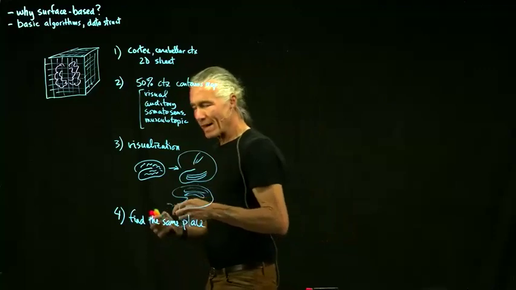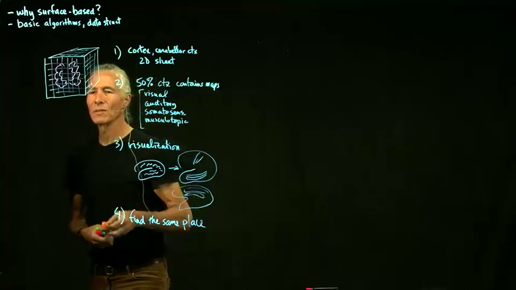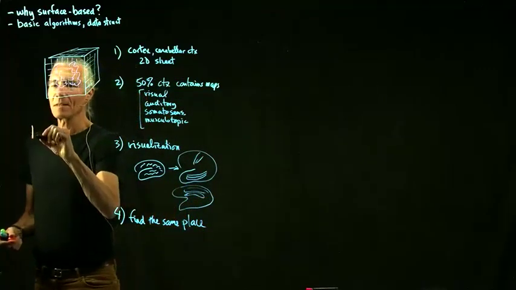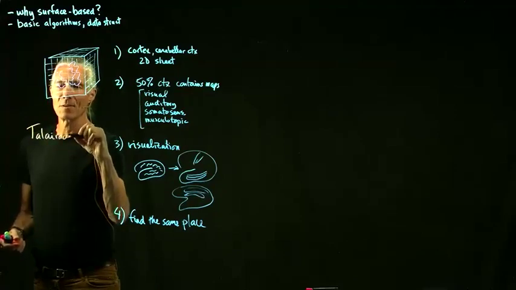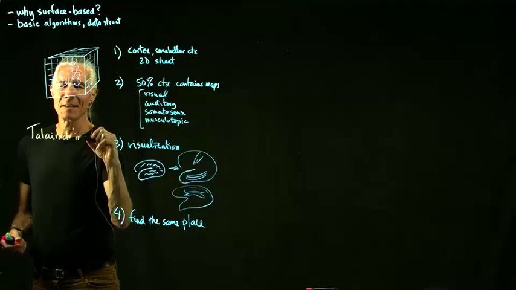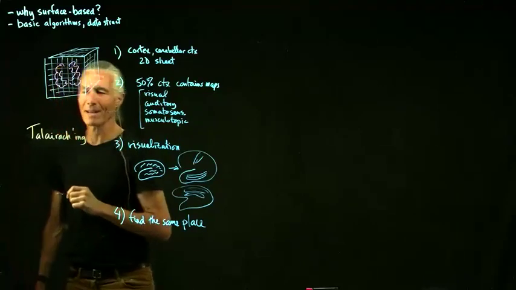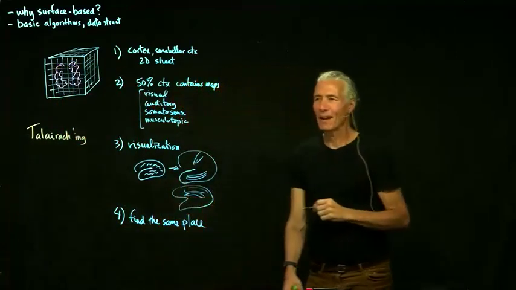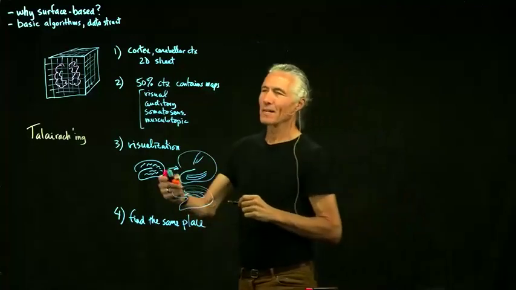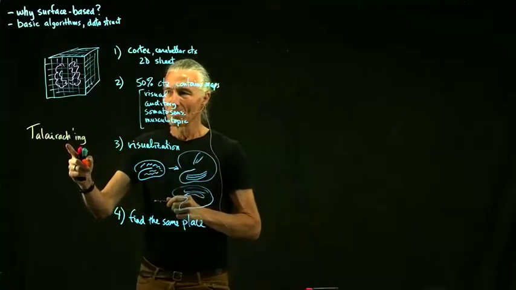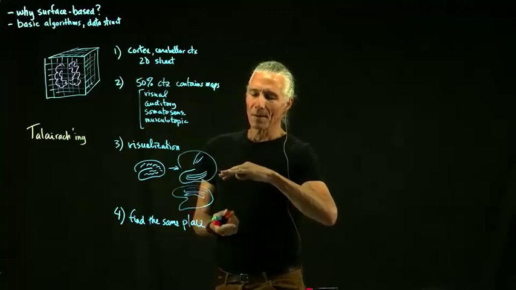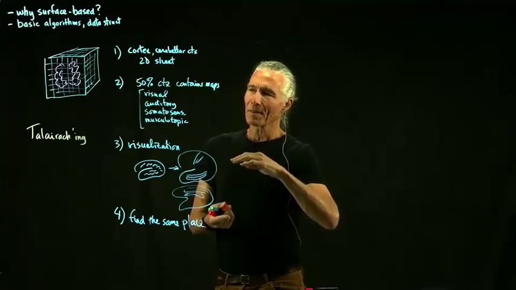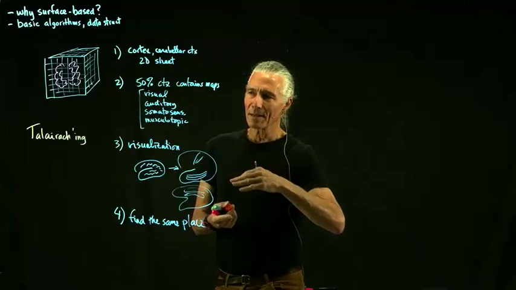Now you can do that in 3D also. There's a method that tends to be called Talairach, after Talairach, a French neurosurgeon who devised this system originally to get an XYZ coordinate system for the brain.